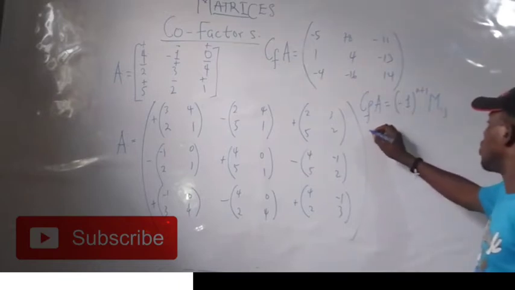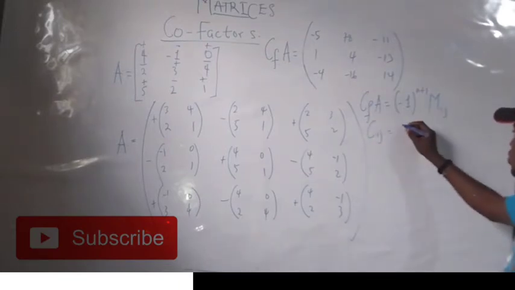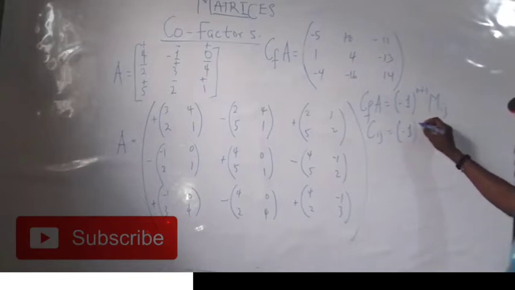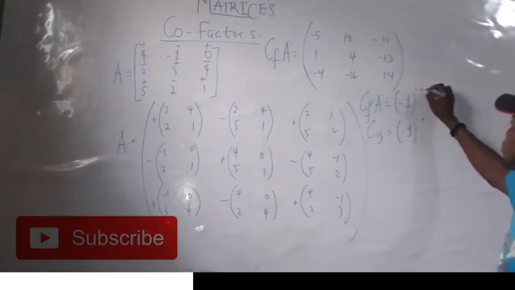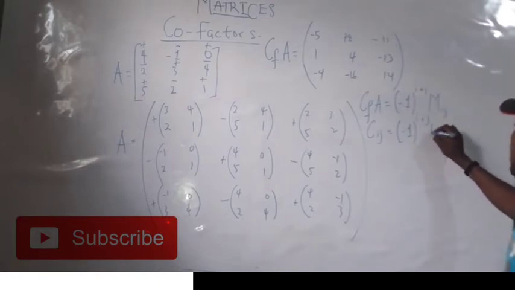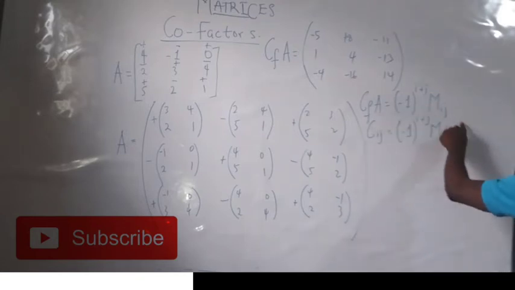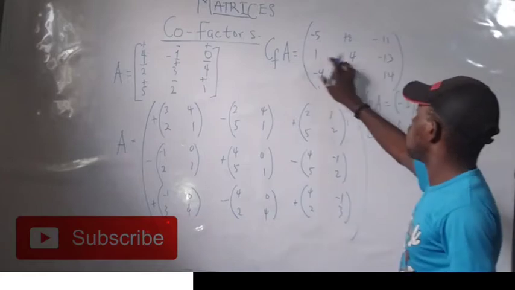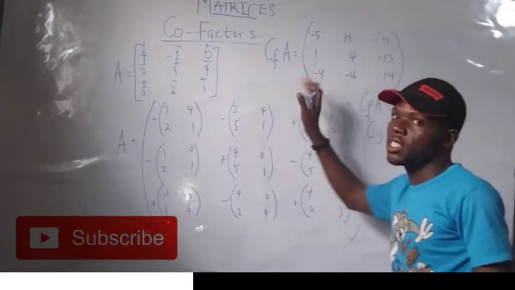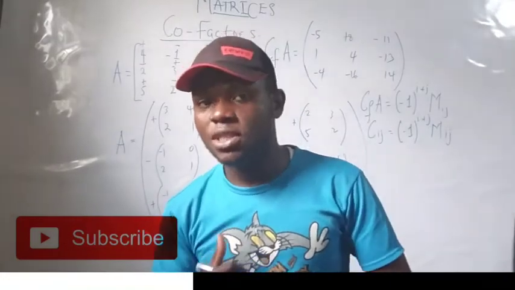What I'm going to say is, your cofactor Cij is equal to minus 1 raised to the power, let me just say, i plus j, instead of n plus 1, times Mij. This is actually the formula that coined out each of the entities we have in these matrices that formulate the cofactor of the given matrix A.